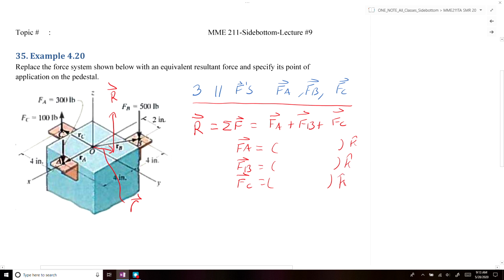Based off of the problem description, FA is equal to minus 300 pounds, FB is equal to minus 500 pounds, and FC is equal to a positive 100 pounds. So if we add these all together, our resultant force would be equal to minus 800 plus 100, which is just minus 700 pounds.